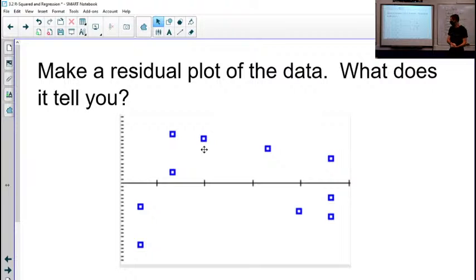But remember, residuals are about how far off our prediction is. And what we're looking for in a residual plot is no clear pattern.